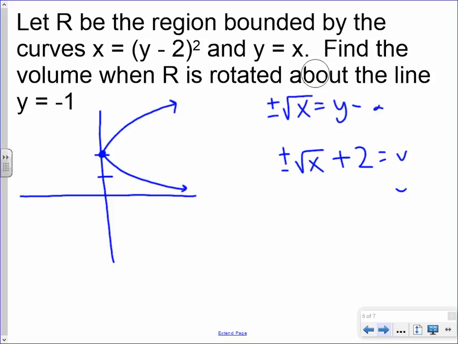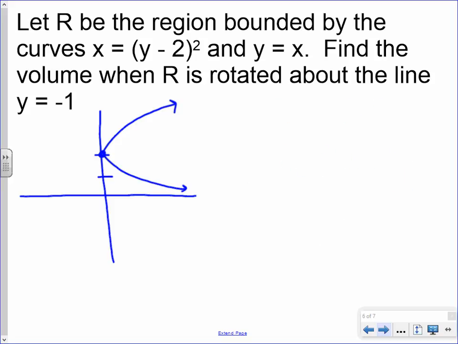All right, and then we have the line y equals x. And we are rotating about the line y equals -1. Okay.